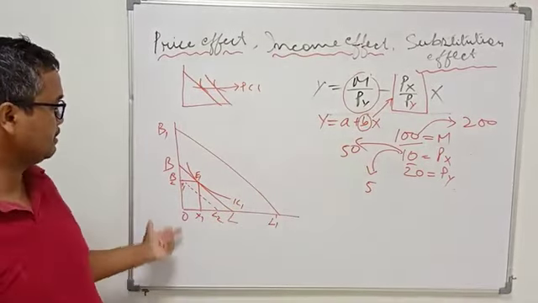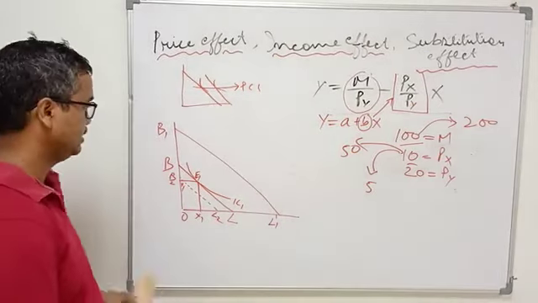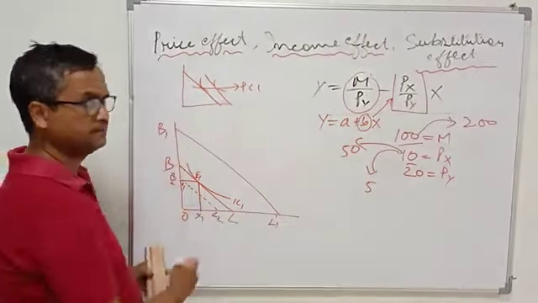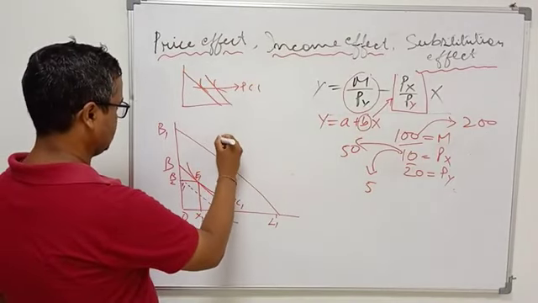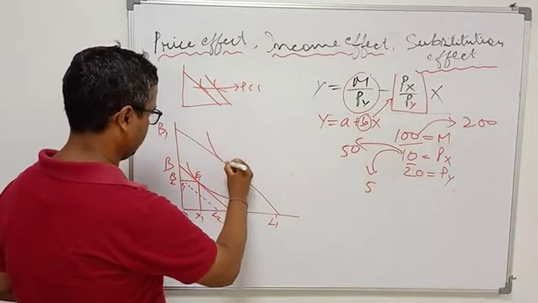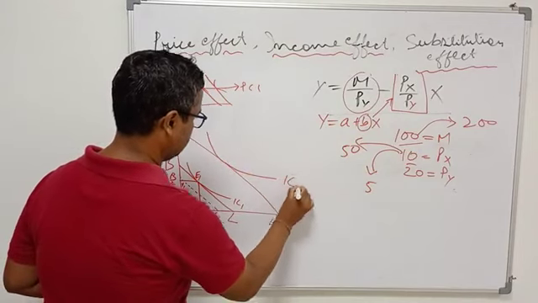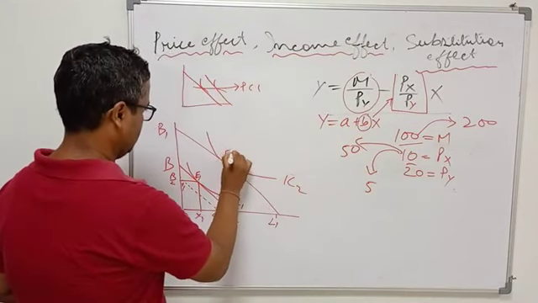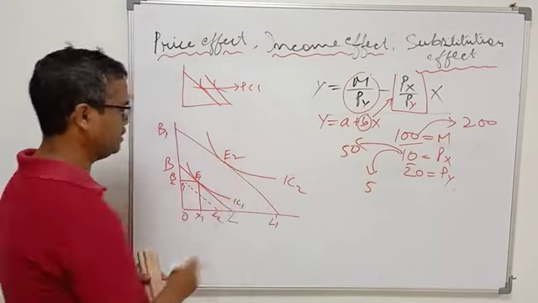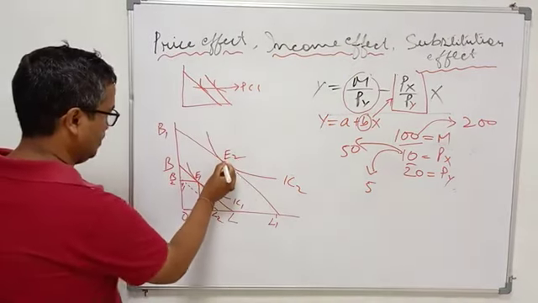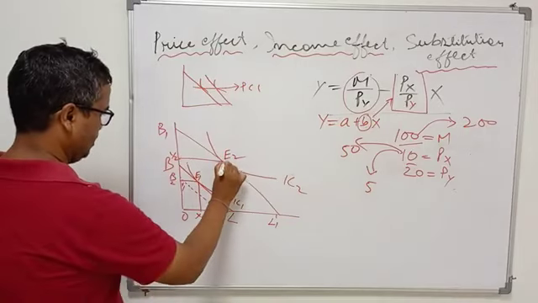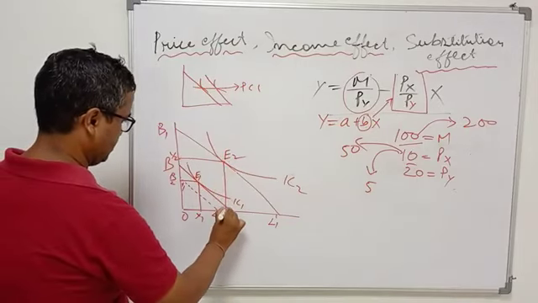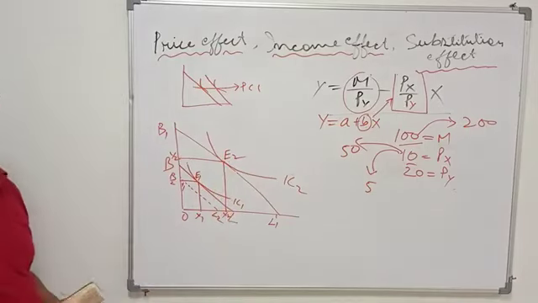Now we assume that the income of the consumer has increased, so the budget line will shift. Now this budget line will be tangent to a higher indifference curve, say IC2. So the consumer will be at equilibrium at point E2, where the consumer is going to consume OY2 of Y good and OX2 of X good.